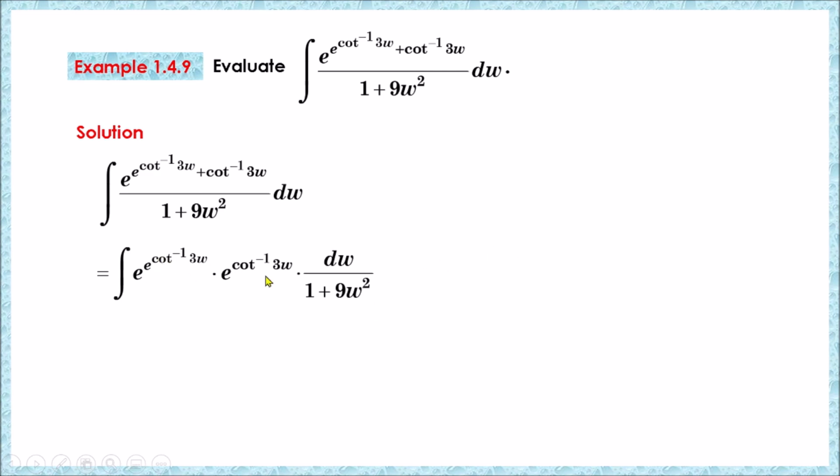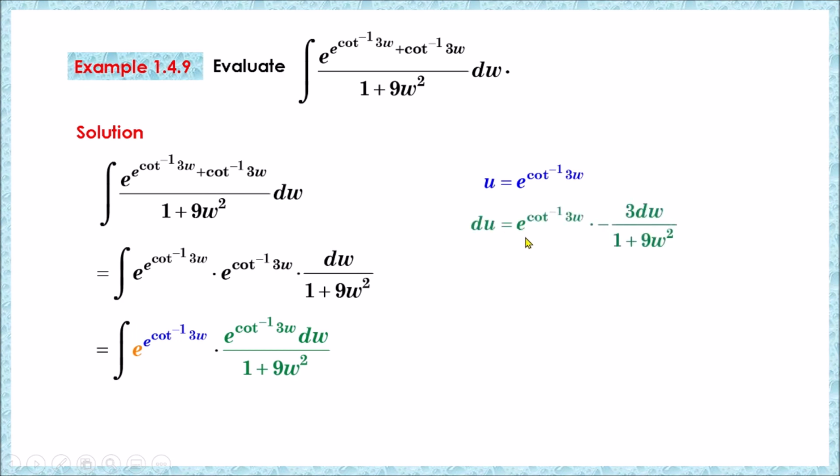Possible u here is the exponent of e, and that is e to the cotangent inverse of 3w. Its differential is given by e to the cotangent inverse of 3w times, for the derivative of cotangent inverse 3w, that is negative 3 over 1 plus 9w squared multiplied by dw to be its differential of u.